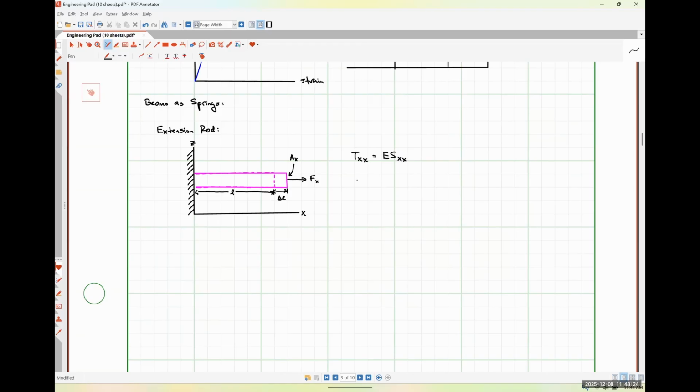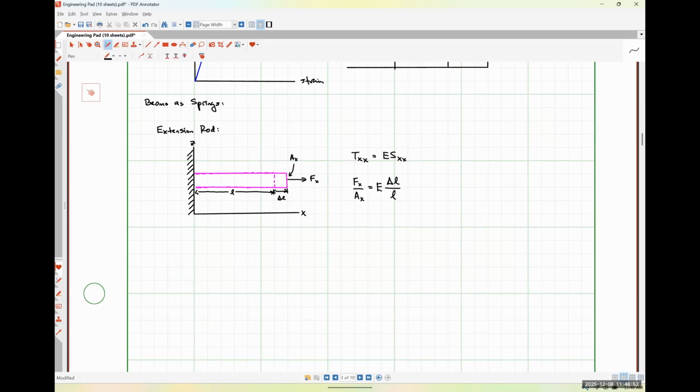And so, since my average normal stress is defined as the ratio of my force over my cross-sectional area, this is going to be equal to Young's modulus times my strain. Well, my strain is defined as the relative change in length of my beam. So that'll be delta L over L, like so. Okay.